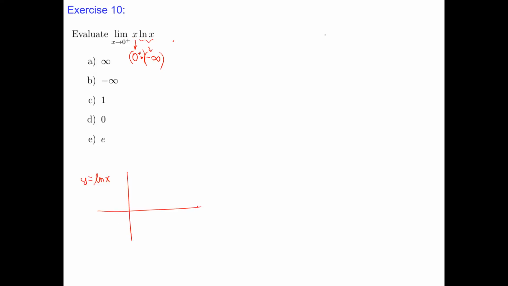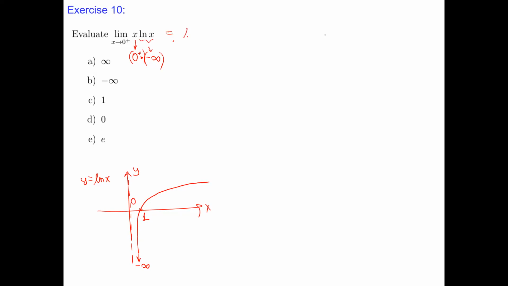We all know how the natural log of X behaves. This is Y, this is X. The function looks like this, really slowly. This is 1. At 0, because of the domain, the function goes to negative infinity. That means we can see 0 times infinity.